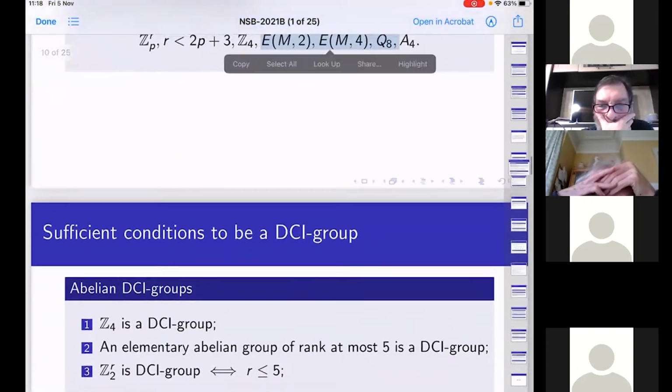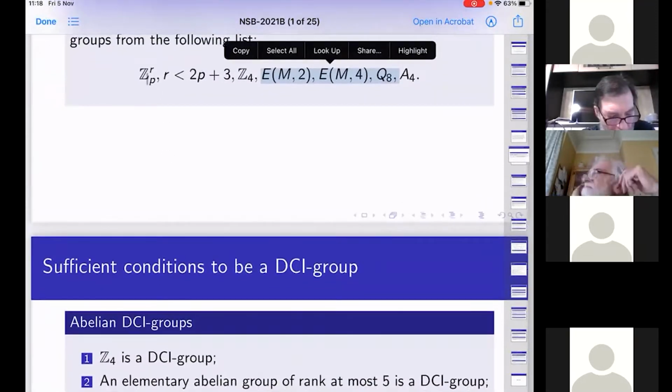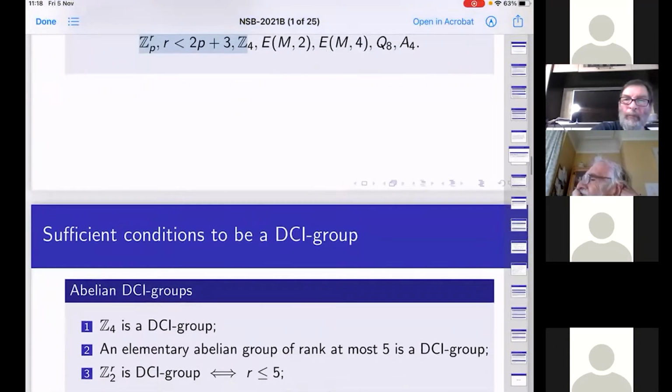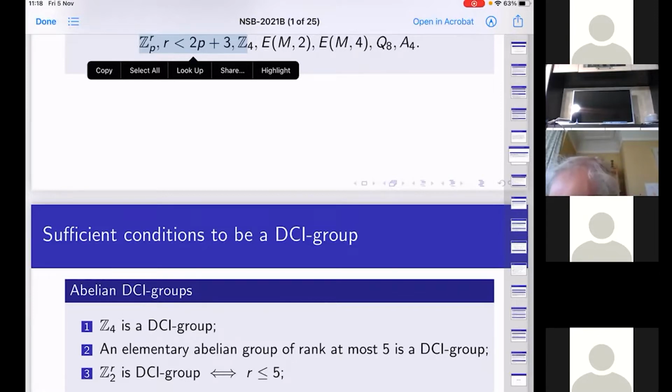For sufficient conditions, if I look at the abelian groups that you see here, then we have the following result. We know that Z4 is a DCI group, and that's actually a quite easy result. For elementary abelian groups, we know that all elementary abelian groups of rank at most 5 are DCI groups.